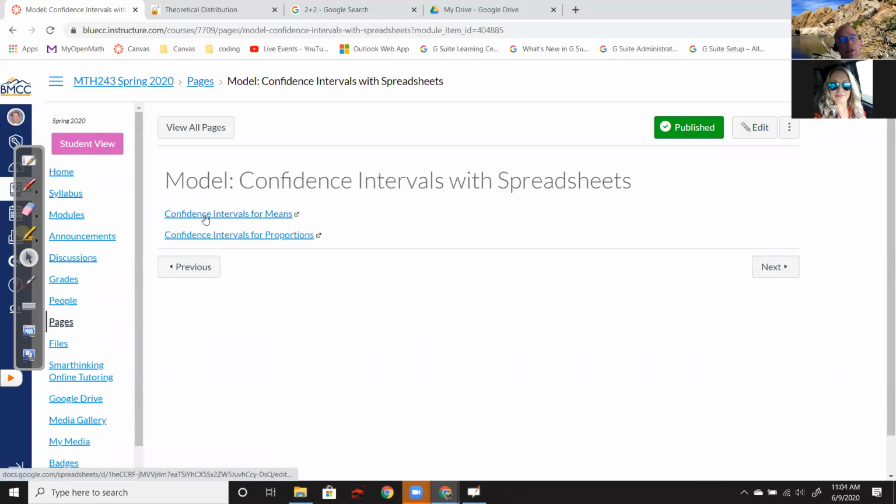One for confidence intervals for means and the other for confidence intervals for proportions. So those would be two to have ready to go in your Google Drive when you take the test. So I would open them ahead of time so you're not searching for them during the test. So just get all your stuff ready, take a quick walk, and then kick butt on that test.